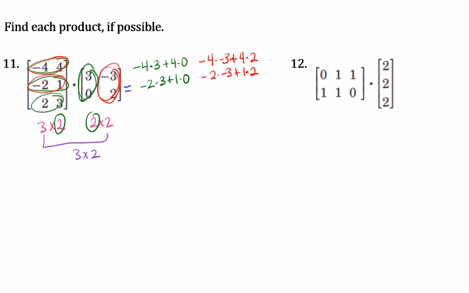And then we'll do third row, first column, 2 times 3 plus 3 times 0. And then third row, second column, 2 times negative 3 plus 3 times 2. All right, so now we just simplify. So we get negative 12 plus 0.